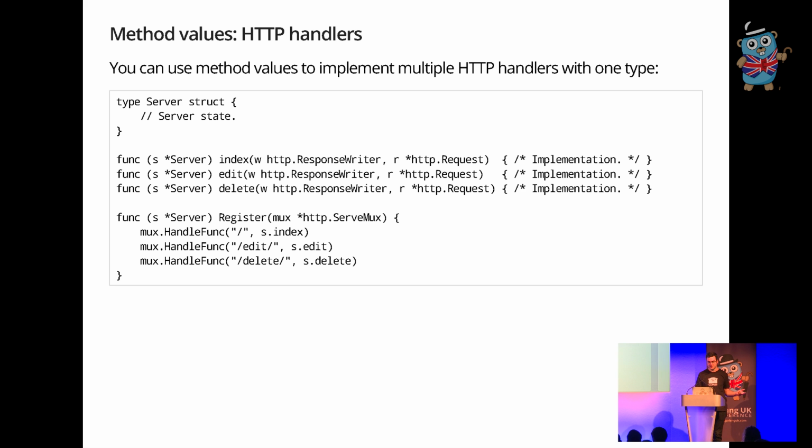So here I have Index, Edit, and Delete, three HTTP handlers on this server type. I can have a Register method that takes the ServeMux and registers Index, Edit, and Delete, each as HTTP handler functions. And so in this case, the server is enclosed in each of these function values, and it's just like invoking the method.